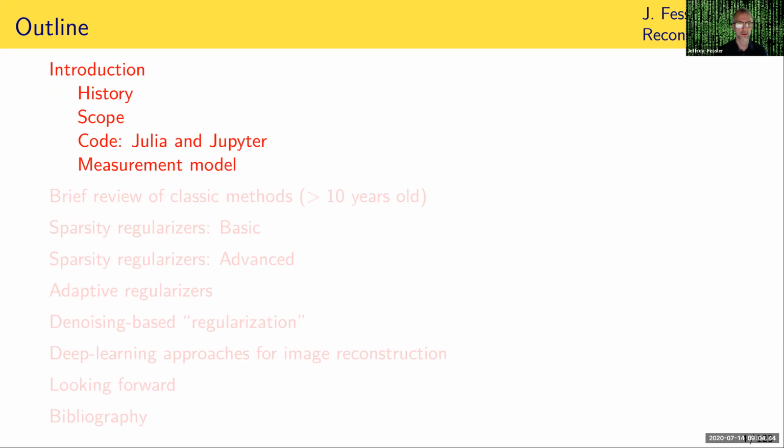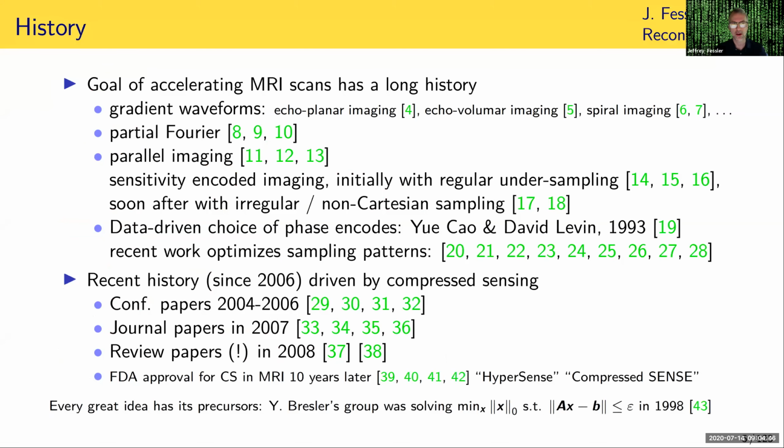All right, so let me give you a little bit of history. MRI scans are slow because you collect one point in k-space at a time, basically, and so there's been a long history of working on methods to accelerate MRI scans to make them more affordable, to make them more comfortable for patients, to reduce motion artifacts and so on.